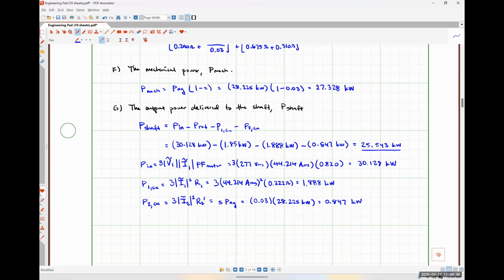It should also be less than the air gap power, yes. So the air gap power should be smaller than the input power, but larger than the mechanical power and larger than the shaft power based on our power flow diagram. Yeah. So the power is getting smaller from left to right in that diagram that we drew at the beginning of the previous class. Okay, so any questions about any of those calculations?